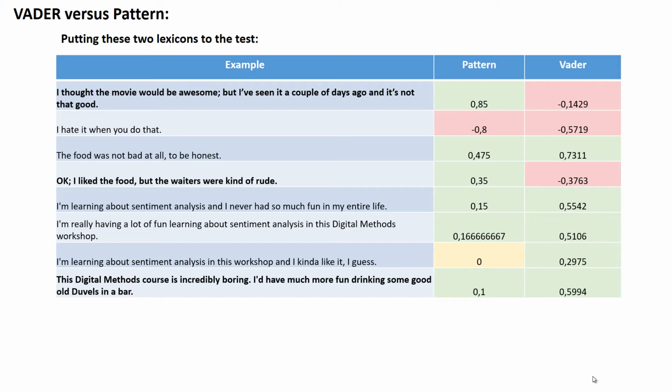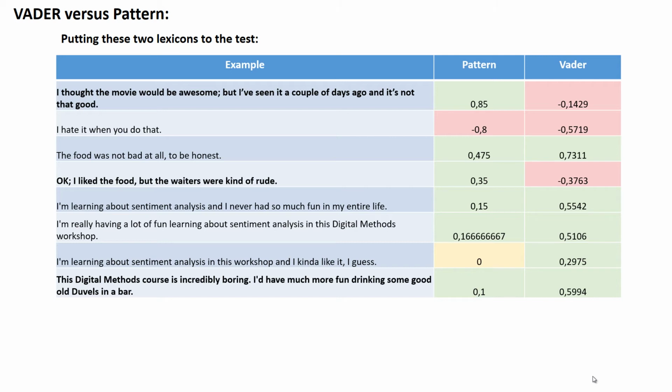Well, as you can see, the Pattern just measures the words, checks the word "awesome," probably "good," and just sees that these two words are very positive, and thus the text is positive. But the Vader module, with its rule-based lexicon, checks the trigram preceding the word "good."